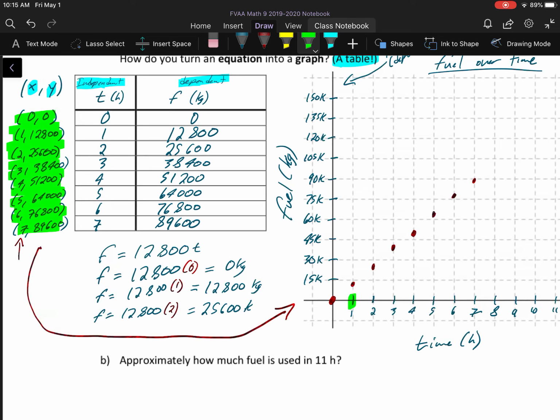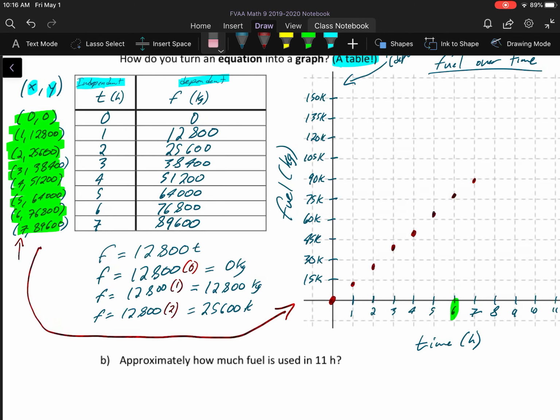For example, let's take 6. For number 6, I go to number 6, and then I go up until I hit about 76,000, so close to 75,000. And where the 76,000 or 77,000 and the 6 intersect, that's where I draw my dot. Okay, just as a review for how to graph points on a graph.